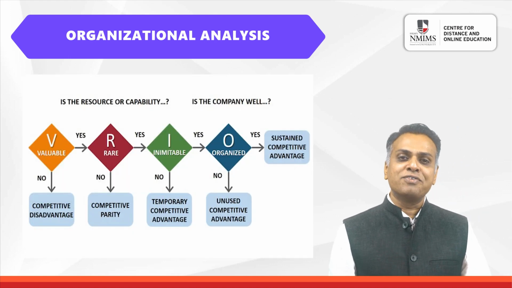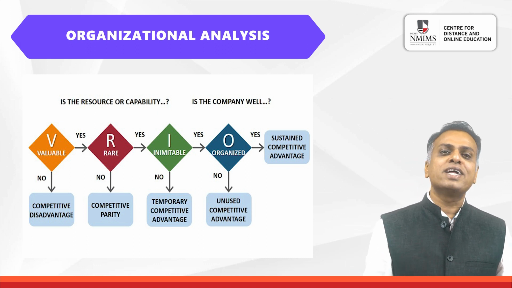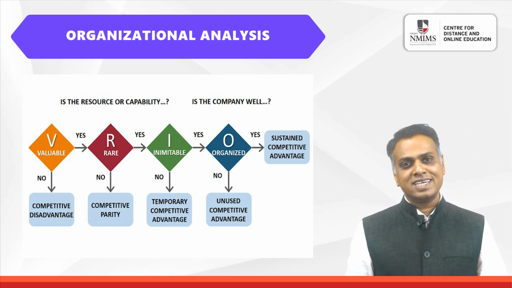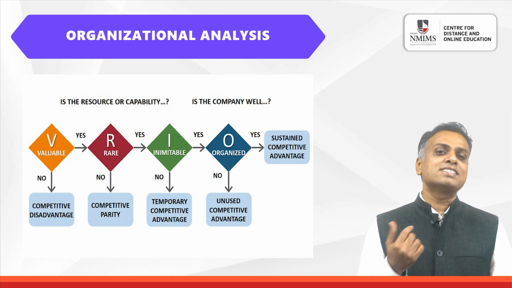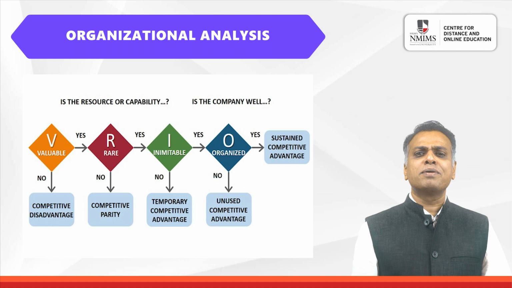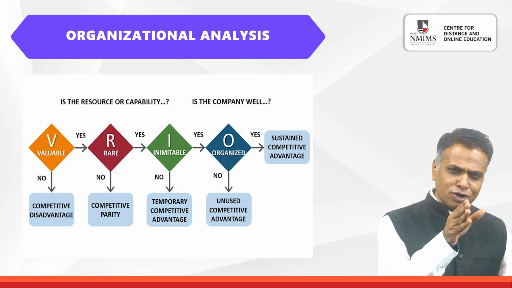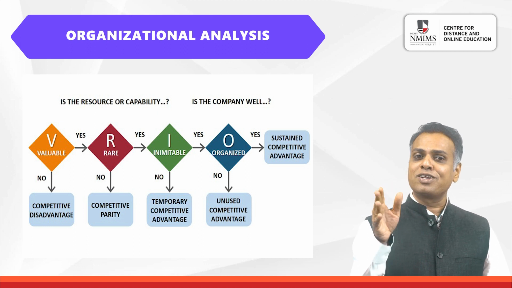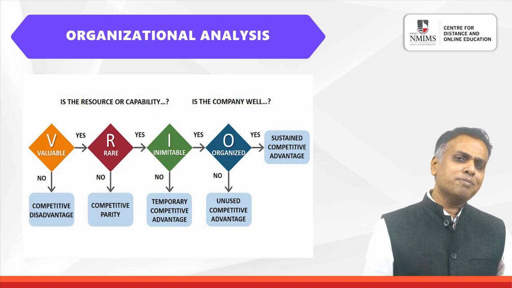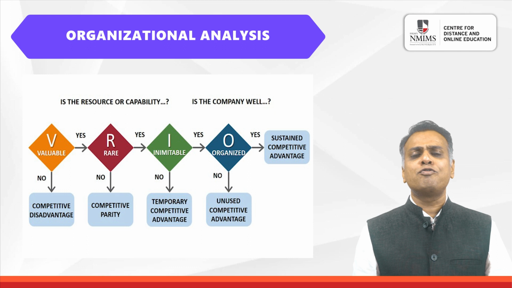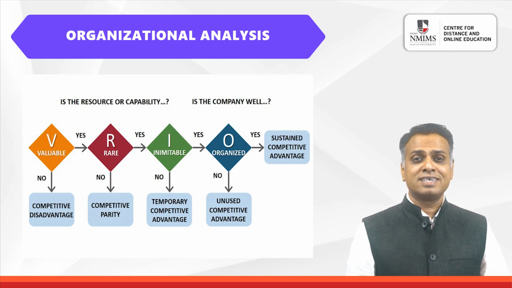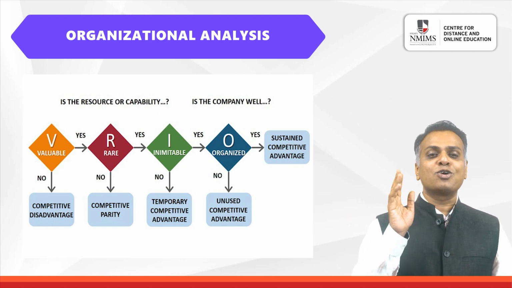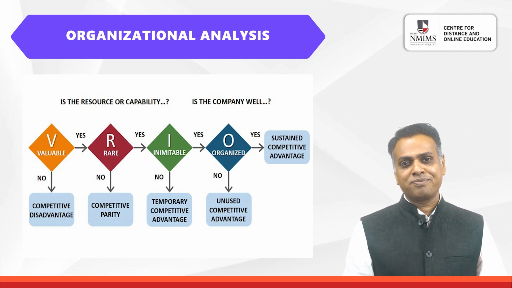In short, the VRIO framework helps you in identifying the strengths and weaknesses within your organization. By assessing your resources and capabilities through the lenses of value, rarity, imitability and organization, you can develop a better understanding of how to leverage your strengths and mitigate your weaknesses to excel in your competitive environment.